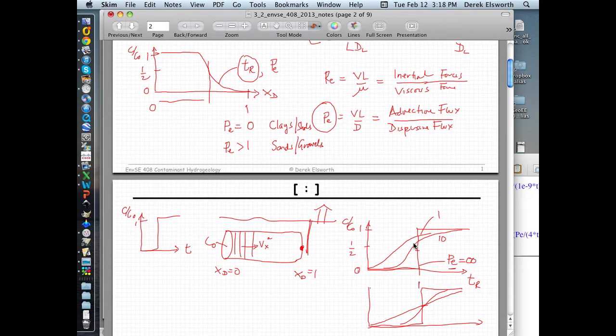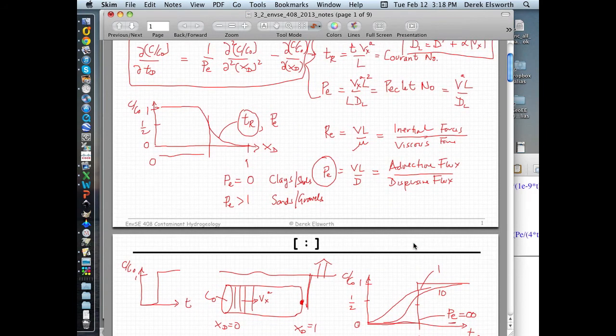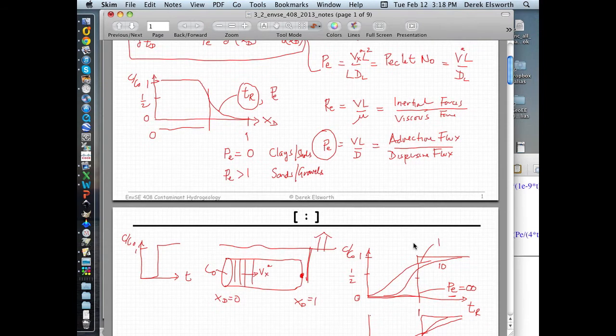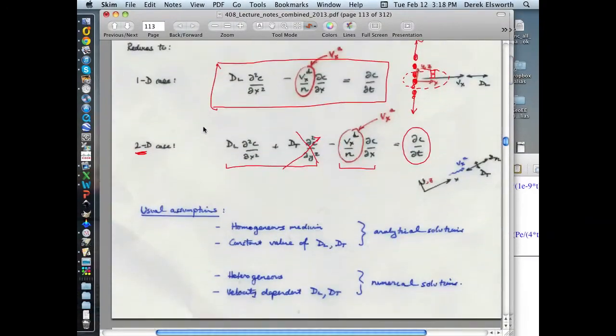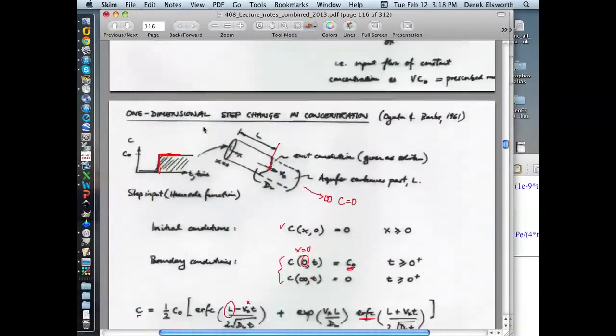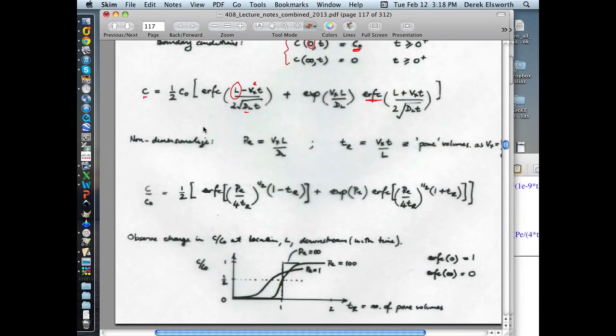Okay, so the take-home message is that we can rewrite this differential equation in some form, and we can use it to get this plot here. The expression for that, we don't have to rewrite because you can get it straight out of Fetter. This is the dimensional expression, if you like, that gives you a concentration relative to the location downstream, advective velocity, when you want that value, and the time at which you want to take that snapshot.